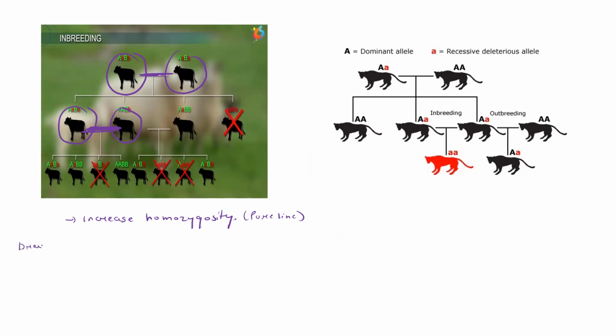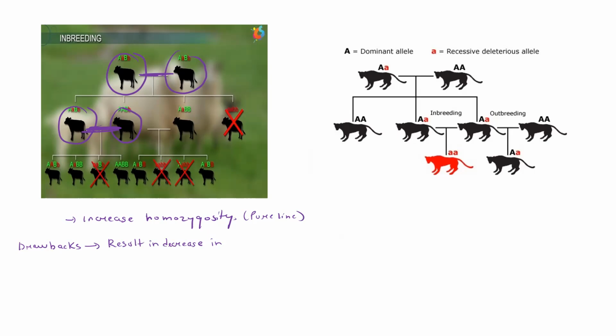Write down its drawbacks. It results in a decrease in variation within the group because they have a common ancestor. There is less variation, and there will be a time when fertility will reduce.